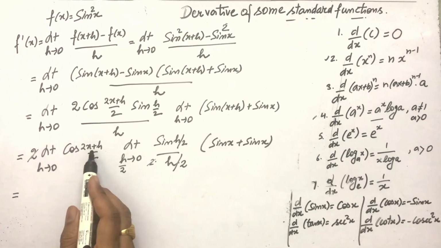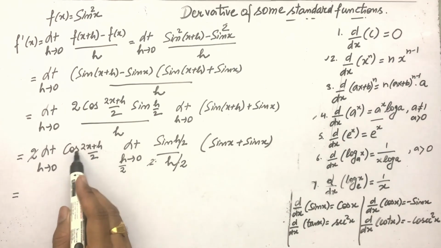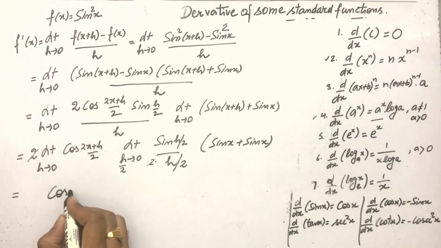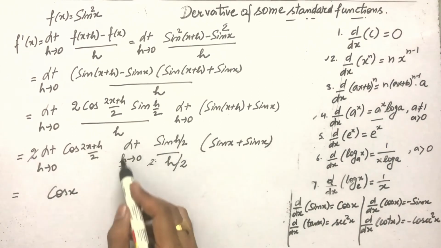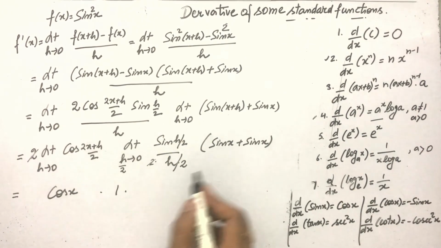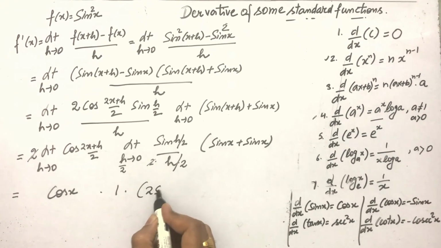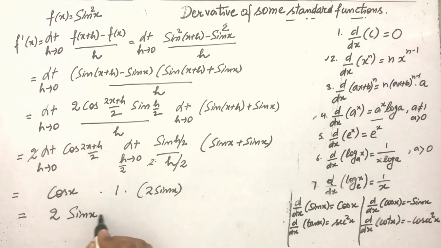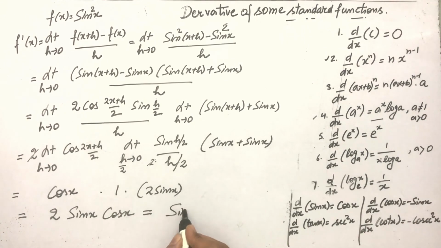Again putting h 0 here, so we are left with cos (2x by 2). Again 2 cancels, cos x, and here the formula is 1, and here we have 2 sine x. So combining all these, 2 sine x cos x very easily, which is again sine 2x. Answer.